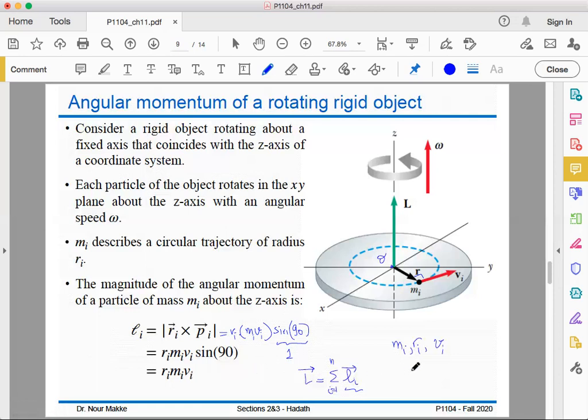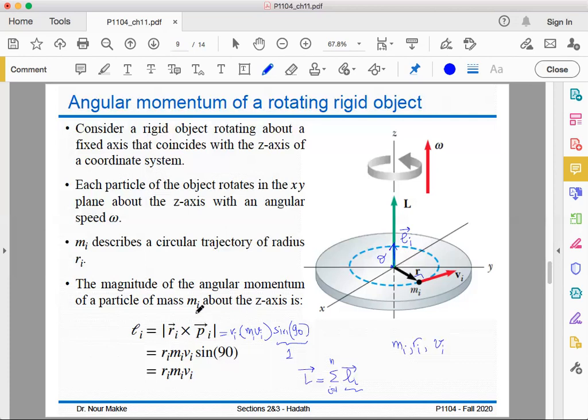And don't forget, just to complete our discussion, that the direction of the angular momentum in this case is along the z-axis. Meaning in this case Li resulting from this product has direction along the z-axis. So Li practically has no components other than Lz.